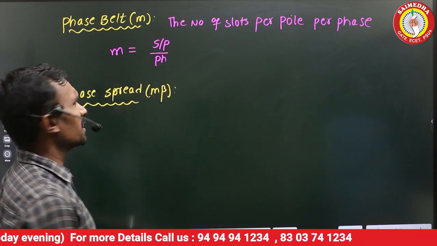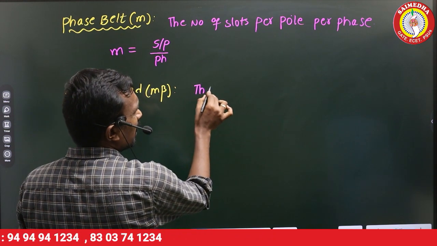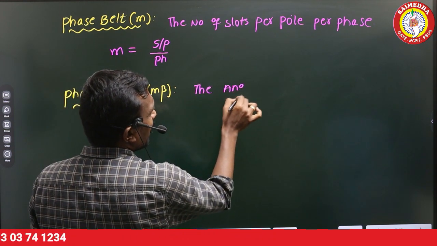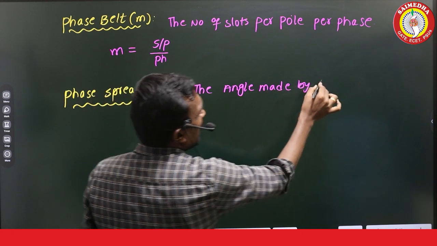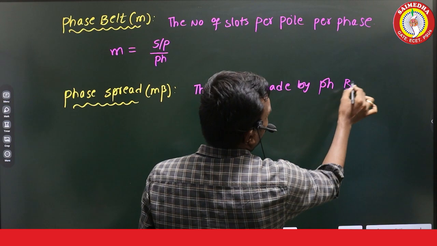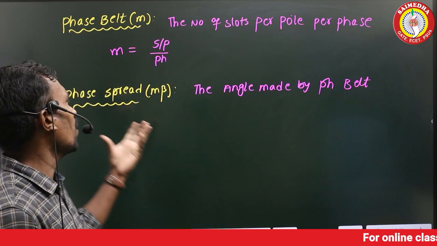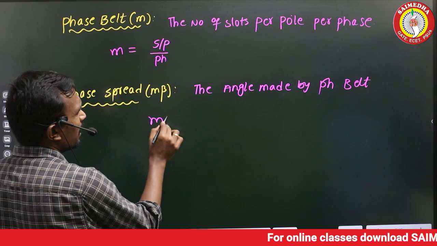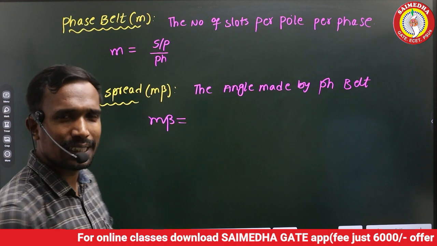Then what is phase spread? Phase spread is nothing but the angle made by the phase belt itself. The angle made by the phase belt is called phase spread, simply M beta, that is M multiplied with beta.